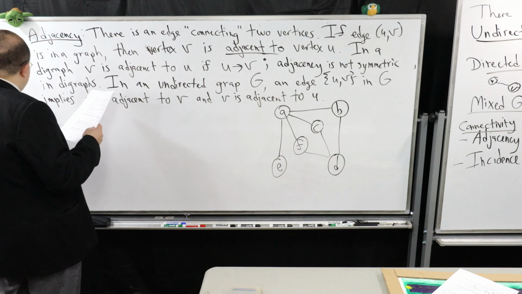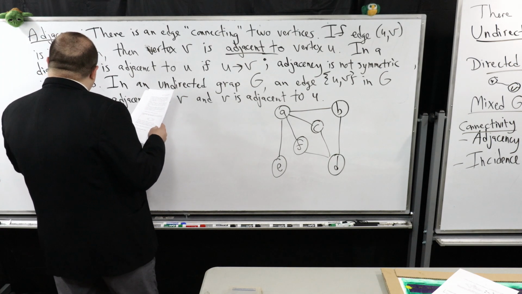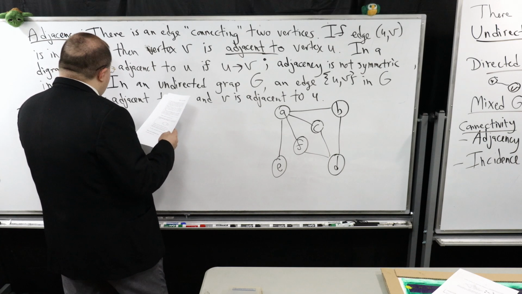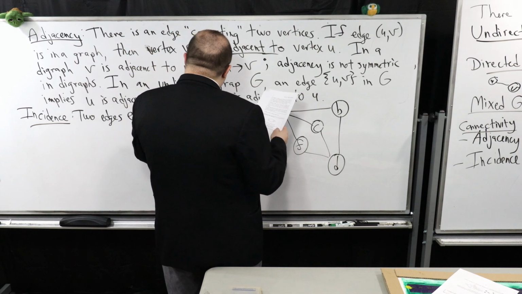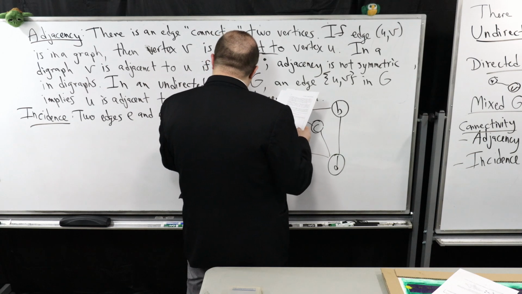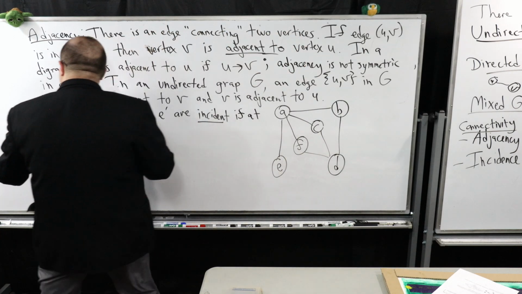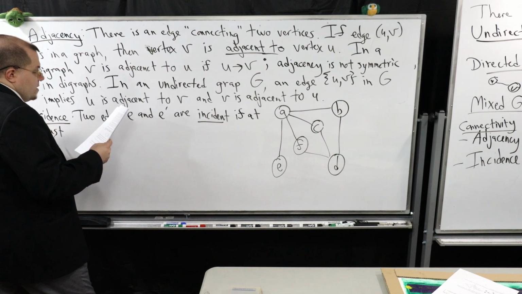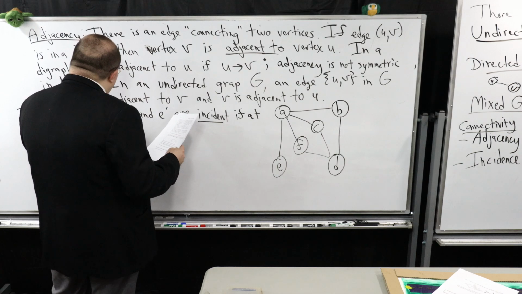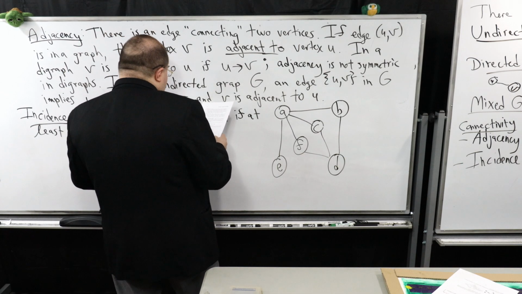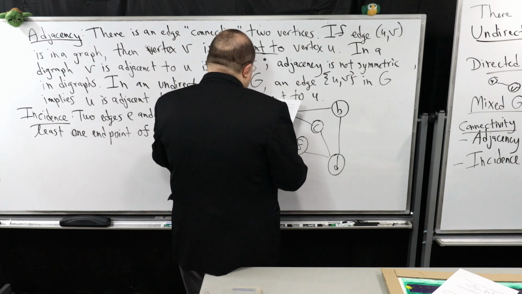So the other relationship I want to talk about is incidence. We say two edges, E and E prime, are incident if at least one endpoint of E and E prime is the same.